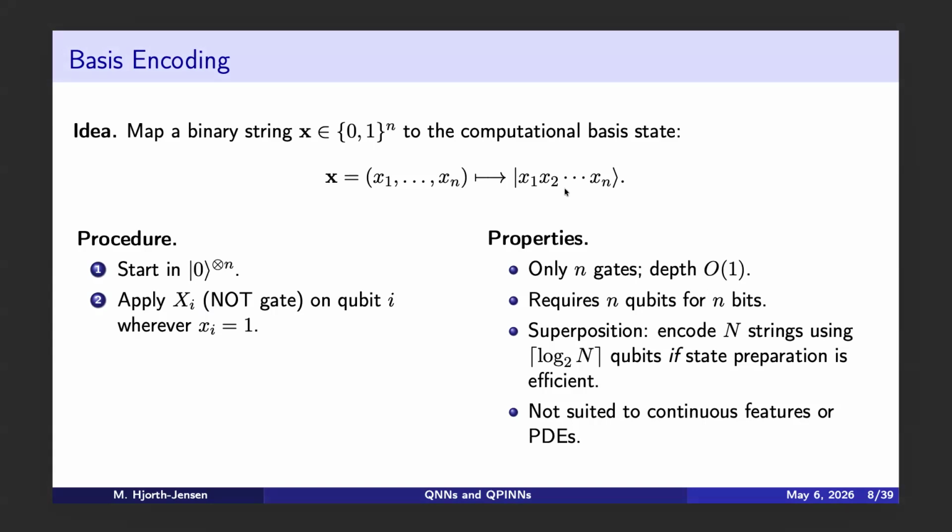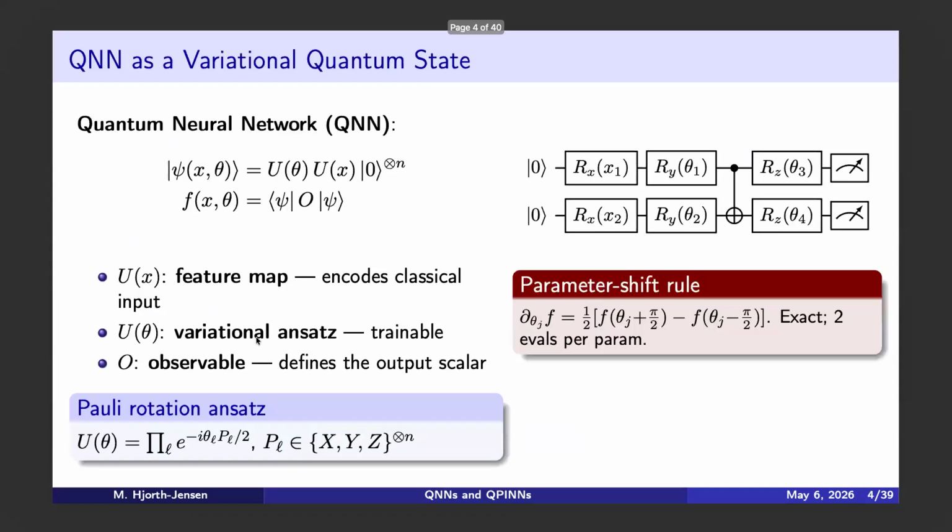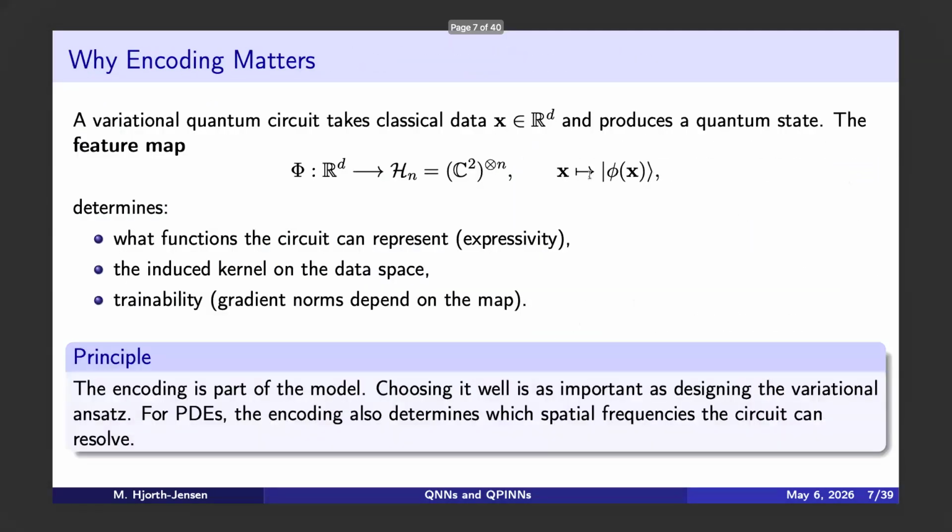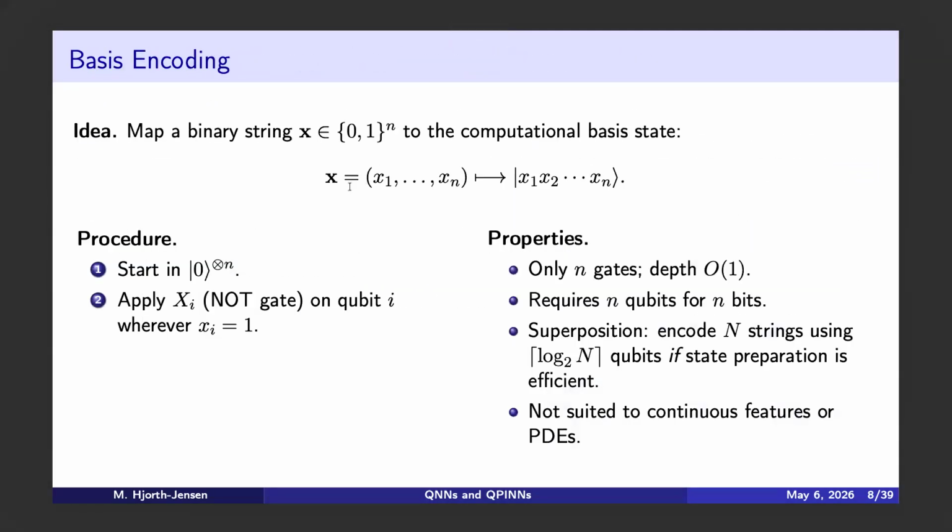That means you would start in this tensor product of zero qubits, and then you would apply the NOT gate on qubit i wherever xi is equal to 1. So that's an X gate. If you go back to the very beginning here, you see that we have an X gate here. Because the X gate is the one which acts on these states, and it simply tells you whether it's bit 0 or bit 1. Okay?